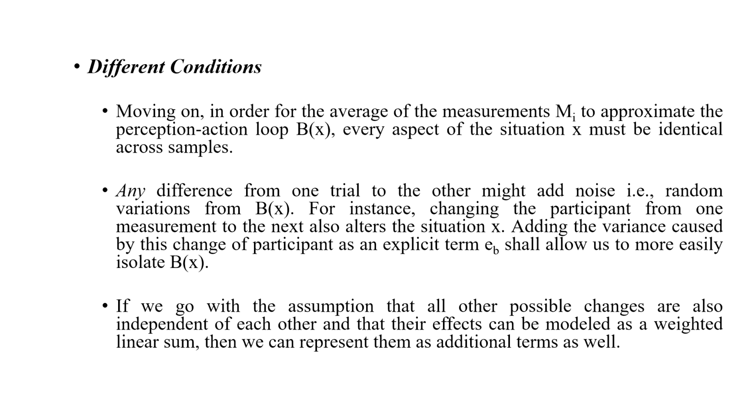So, if all other possible changes across conditions, across participants and so on are independent of each other and can be combined weighted linearly, then we can add this other error term with these measurements and work with that. So, we can add more measurements for this condition term as well.